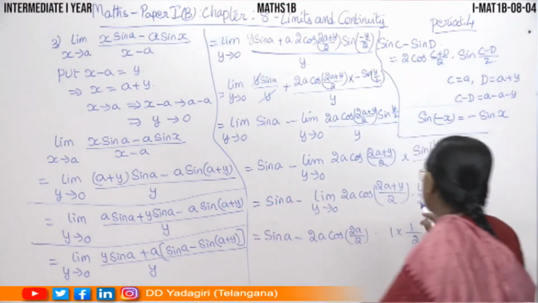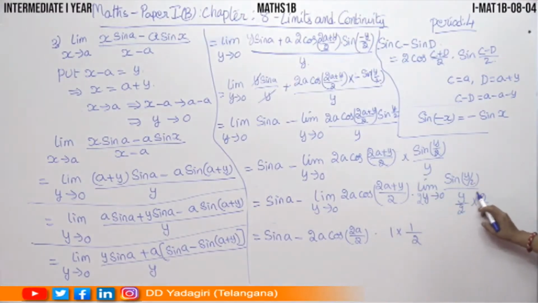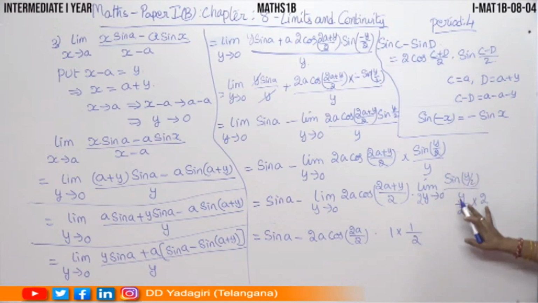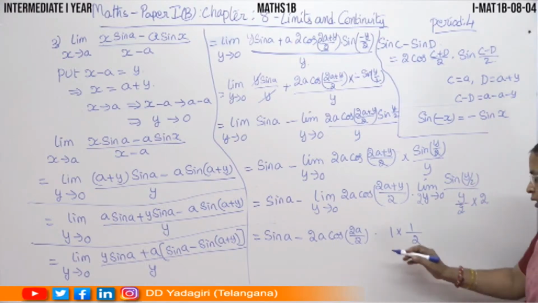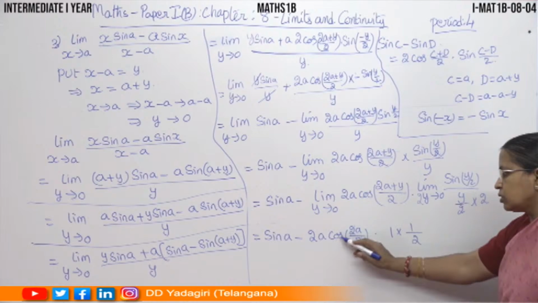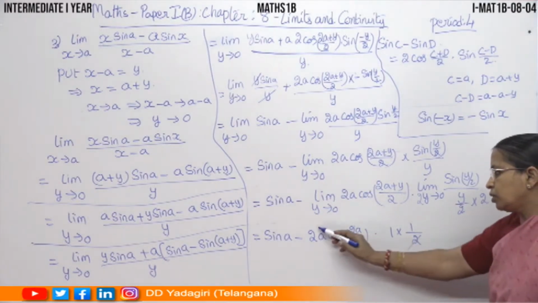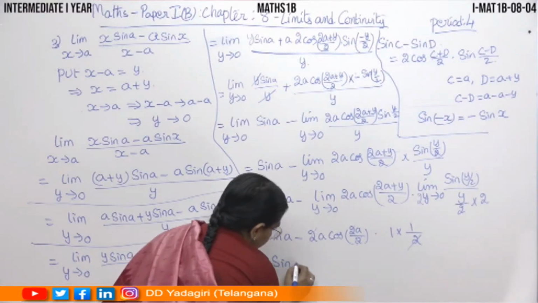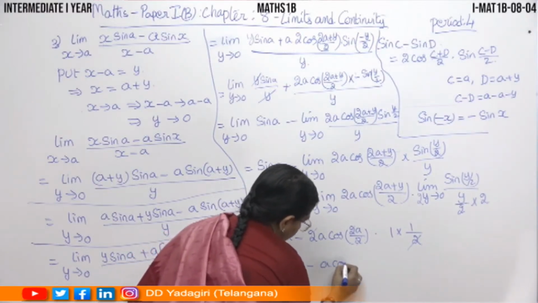This limit is 1 because it is in the form limit x tending to 0 of sine x by x. So again these two will get cancelled. This is cos a. Next again these two also will get cancelled. So it is equal to sine a minus a cos a.